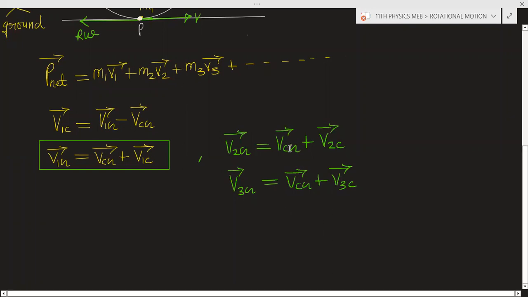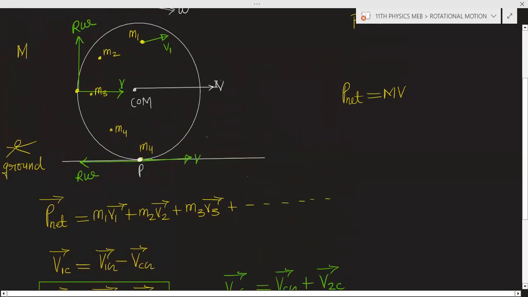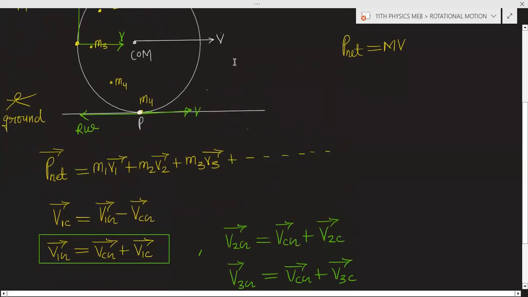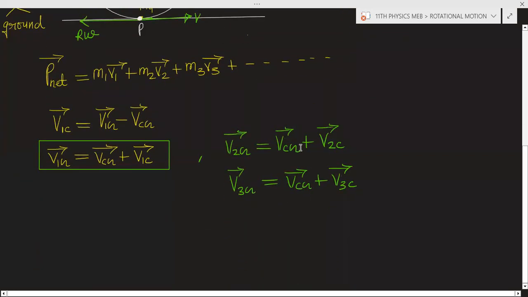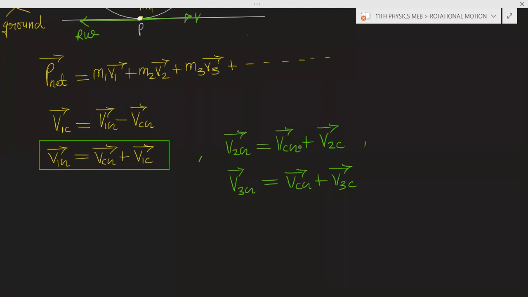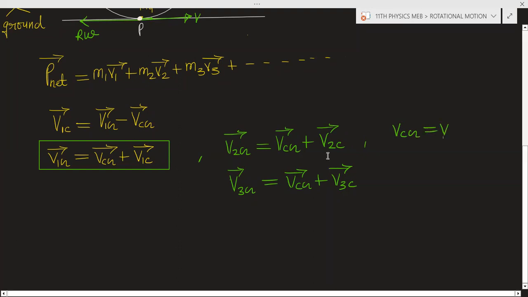And velocity of center of mass with respect to ground is basically v here, in this case. Now we can find this.